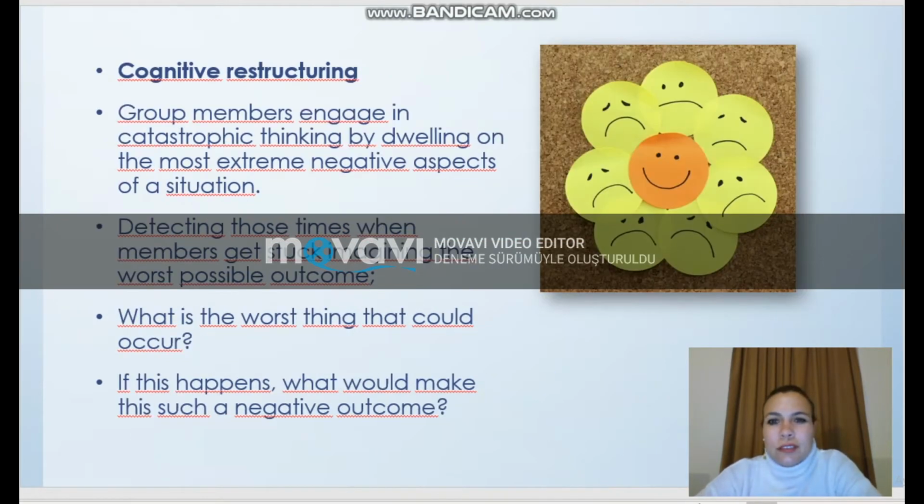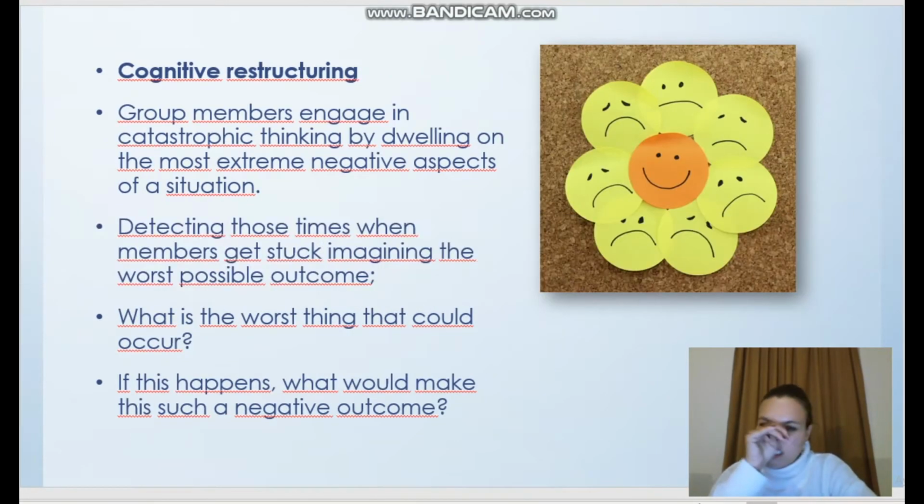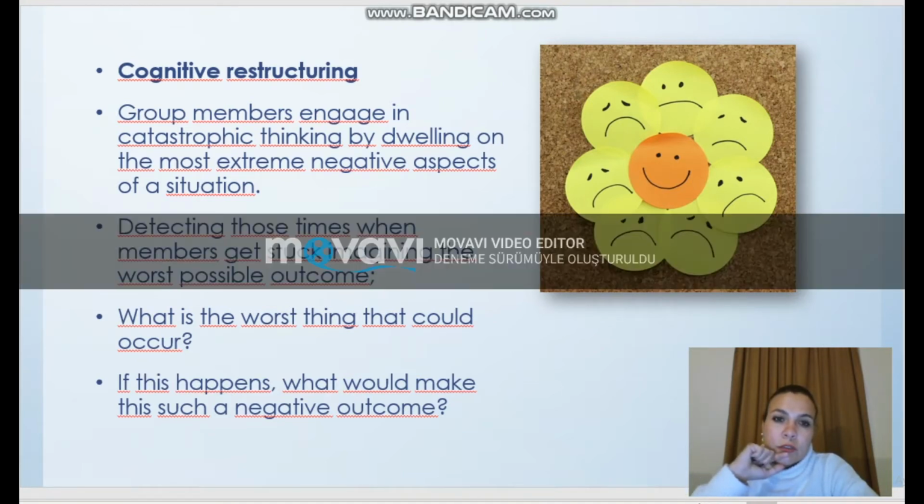You can read here. Okay. While doing cognitive restructuring, I think these are the good questions and interventions that you may need to know actually. Here you see that group members, you will experience this, yes.